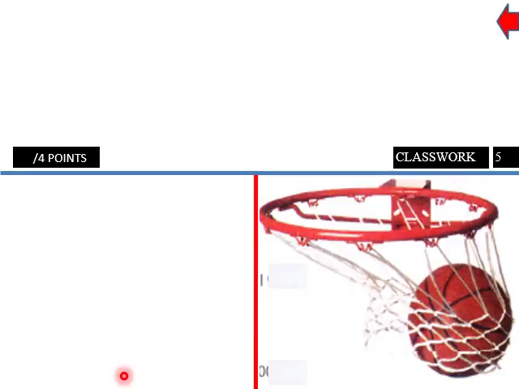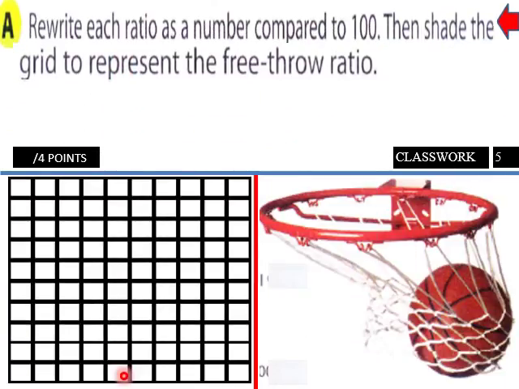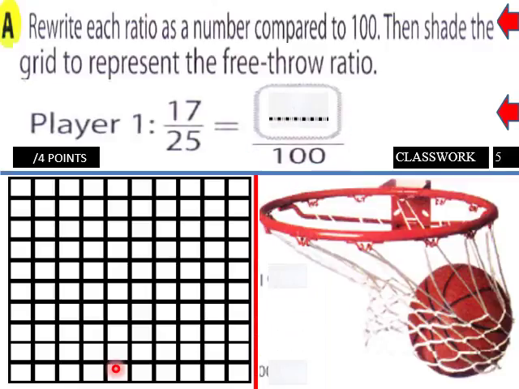Page 5 of our classwork. Rewrite each ratio as a number compared to 100. Then shade the grid to represent the free throw ratio. So we have a 10 by 10 grid here, a percentile grid. 17 to 25 equals how many over 100? What did we do to our denominator to get 100?